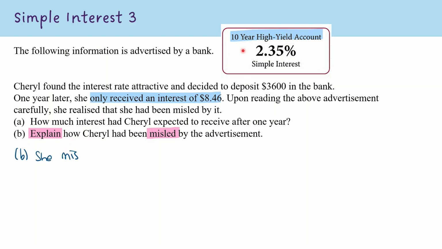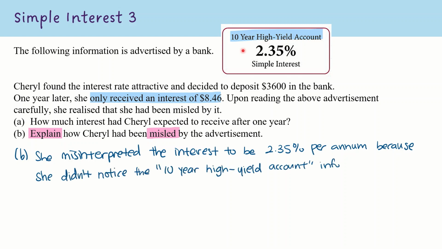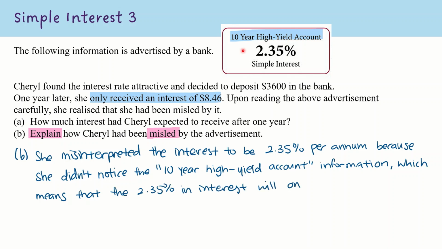So what happened is that she misinterpreted the interest to be 2.35% per annum because she didn't notice the 10-year high yield account information, which means that the 2.35% in interest will only be accumulated after 10 years. So that is how we could explain our answer to part B.